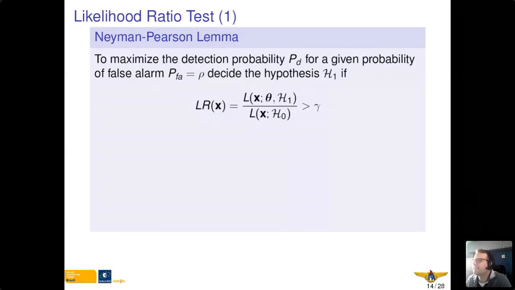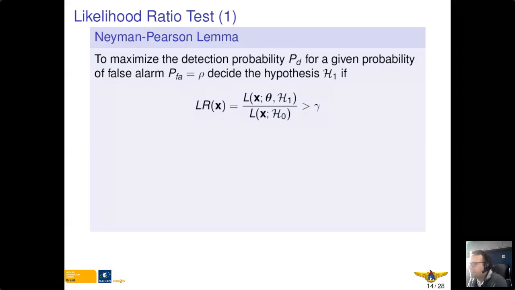To maximize the detection probability P_D for a given probability of false alarm P_FA equal to rho, decide hypothesis H1 if the likelihood ratio with respect to x, the likelihood of the signal under hypothesis H1 divided by the likelihood under hypothesis H0, is above a threshold.